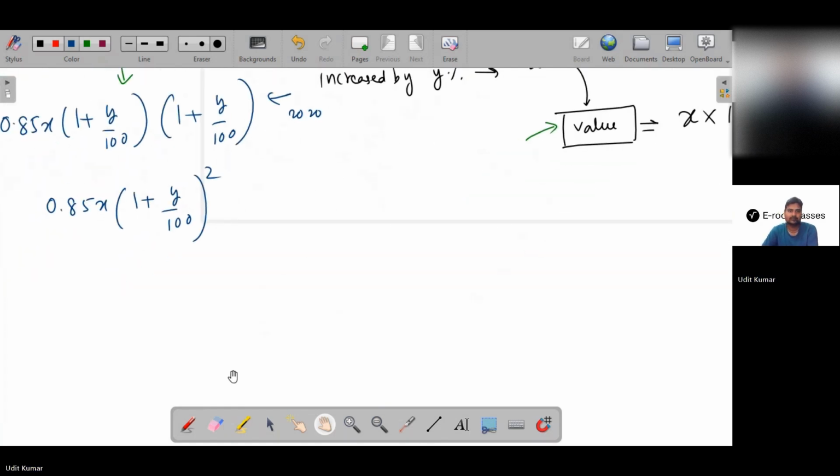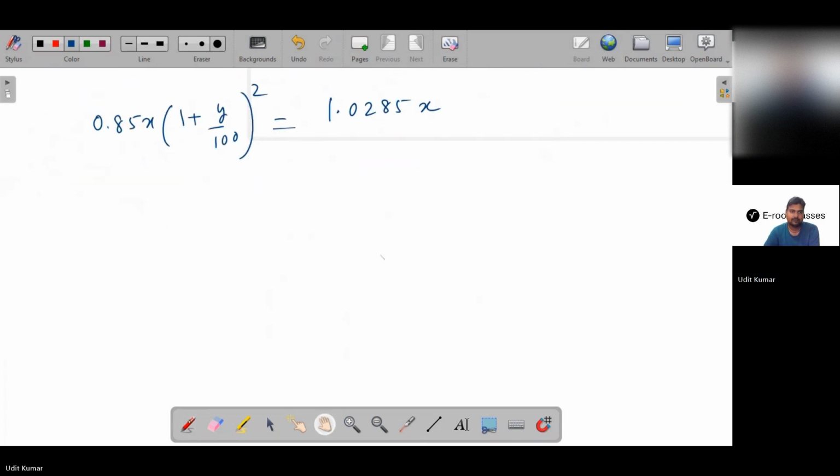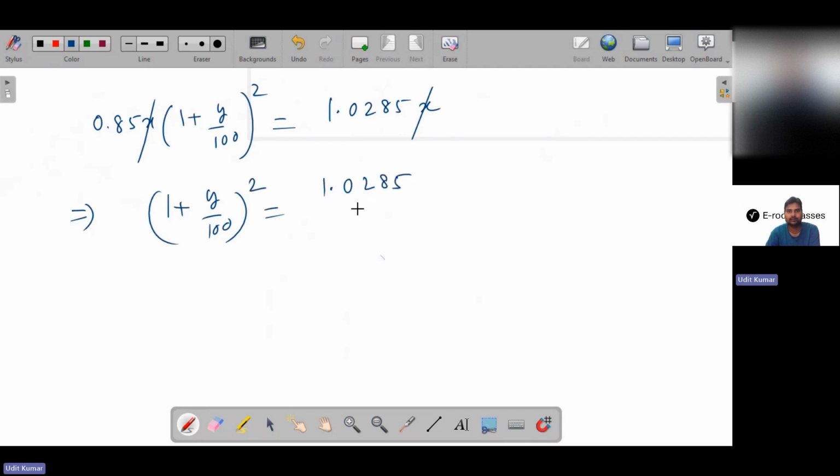This should be equal to 1.0285x. Solve this. X and x will get cancelled out. You will get 1 plus y by 100 squared equals 1.0285.